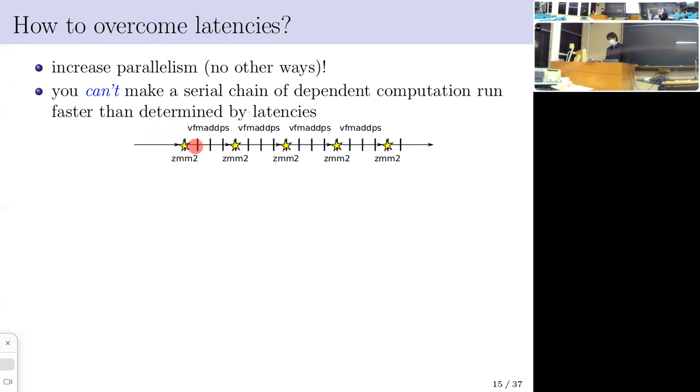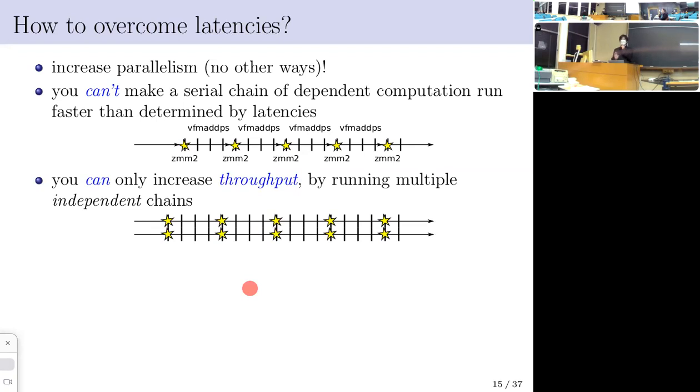Like I have just explained, if this instruction takes the input from this instruction, and this instruction takes the input from that instruction, then you cannot run this chain of dependencies faster than 4 cycles per iteration, per back-to-back FMA operation. The only thing you can do to increase the overall performance is to increase throughput.